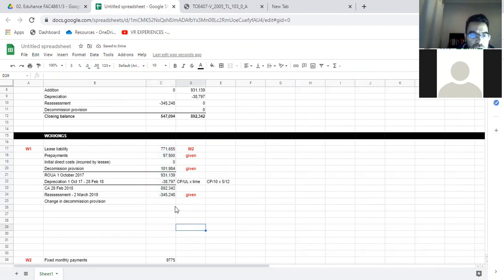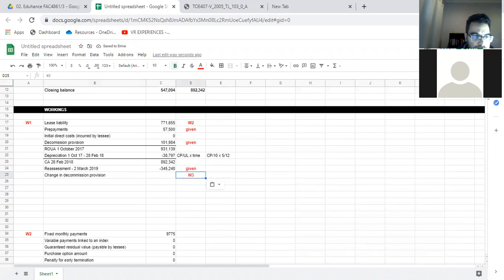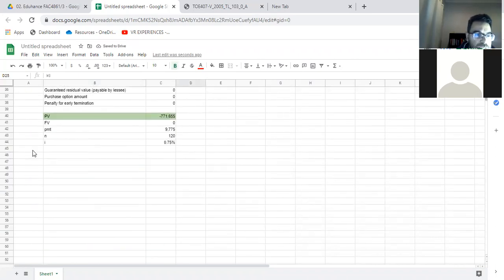So we have to work out the impact on the decommission liability. This is how we're going to deal with it. Working 3. For working 3, remember the decommission provision at the beginning of the year.